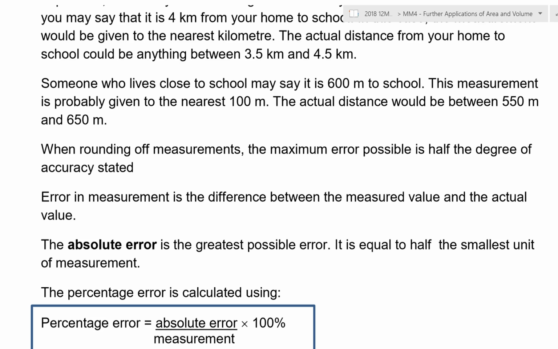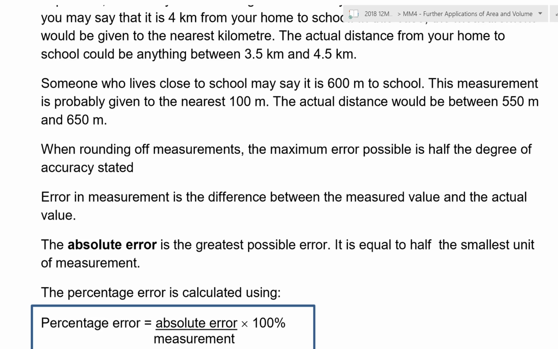Your absolute error is always described as a plus or minus, because it could be above or below, and it is half of the smallest thing you can measure, half of the distance between successive tick marks on your ruler.